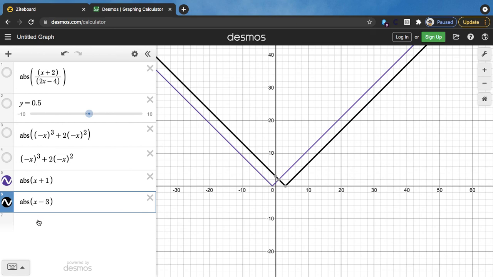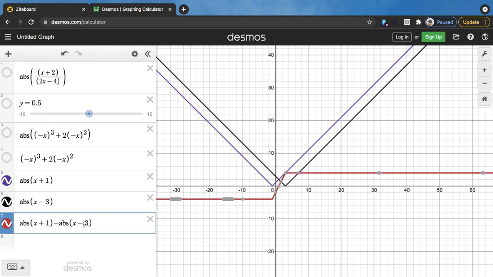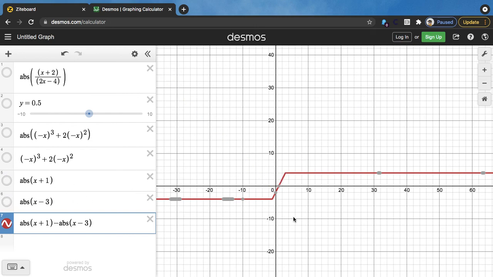And now I'm subtracting this minus the other function. Do you see? So I'm going to remove this now and see. There is an x-intercept of 1. There is a y-intercept of minus 2.